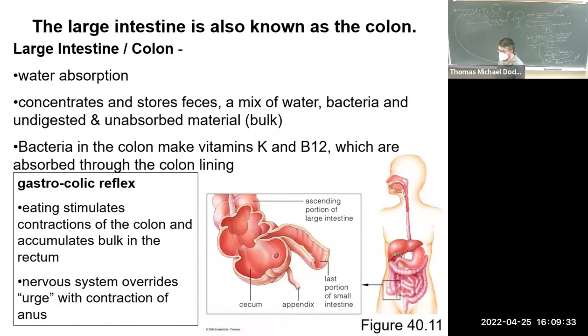Now, large intestine. We are past the part that gets us to respiration, and we have the large intestine. What's the purpose of the large intestine? Part of it is compaction, absolutely.